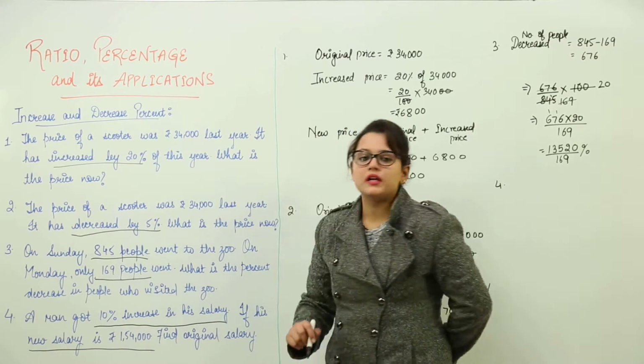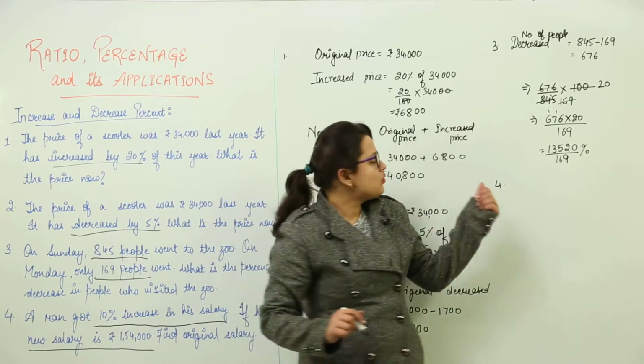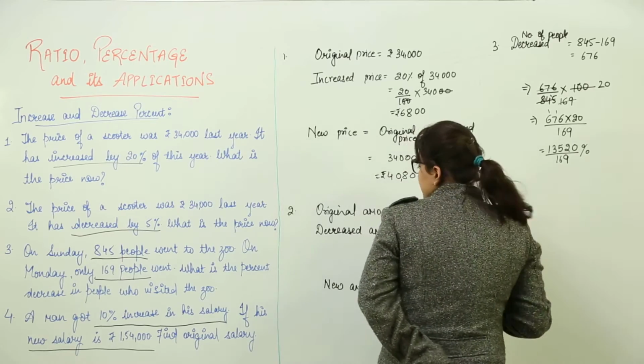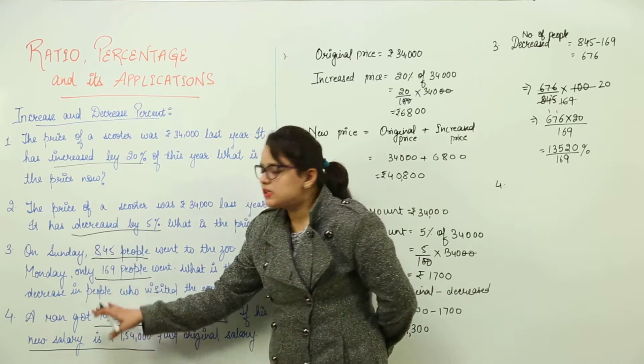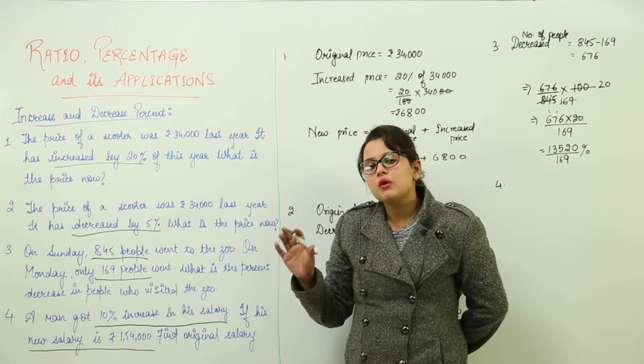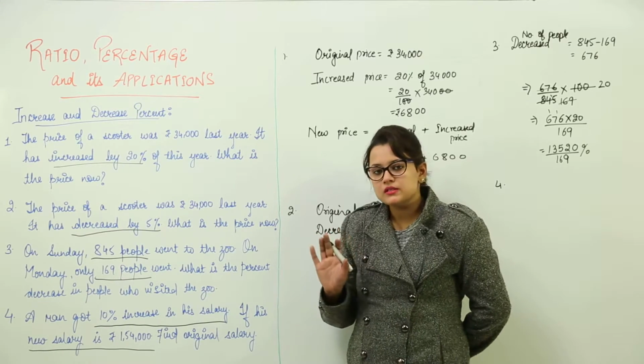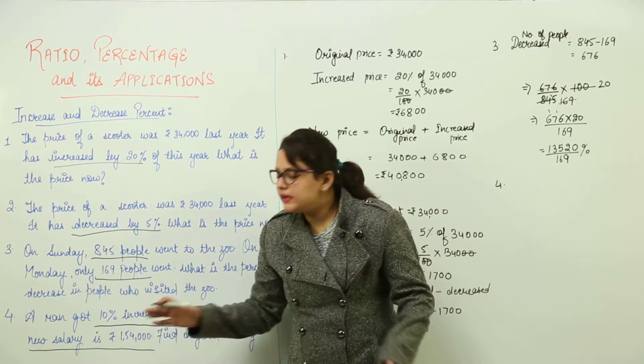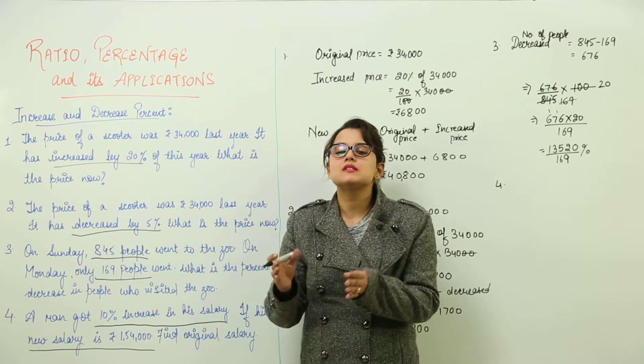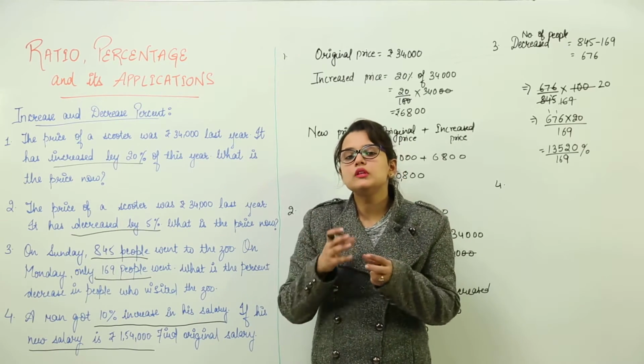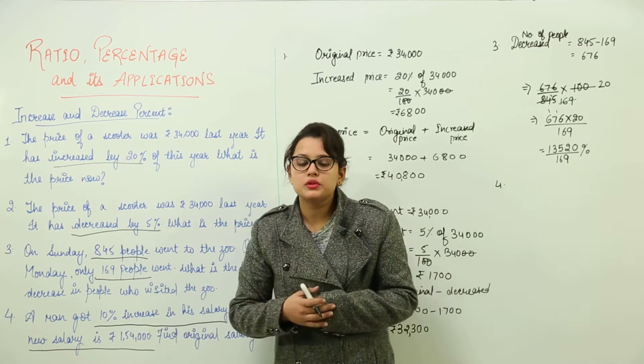Now you need to find the original salary. Can you identify one thing? The 10% of the original salary was the amount that was increased. Am I right? And the added amount, the original salary plus the increased salary, the total new salary has also been provided to you in the question.